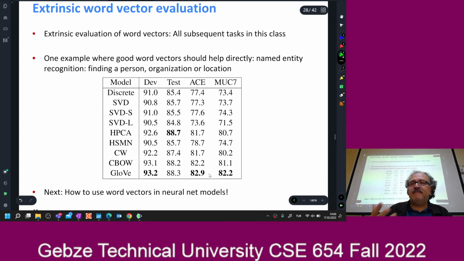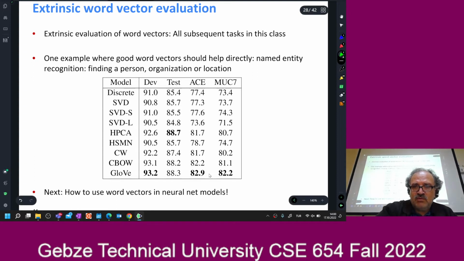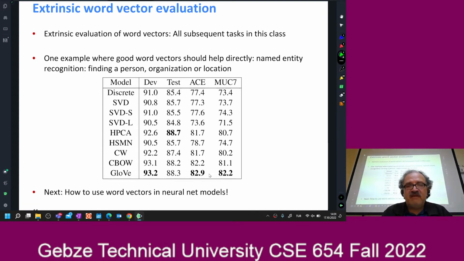This is not a problem that I have invented to validate my vectors. This is an already known problem. I am just using my vectors inside this problem solution, and it looks like I can go from 77 to 82. If you do such a validation, nobody will object to that.